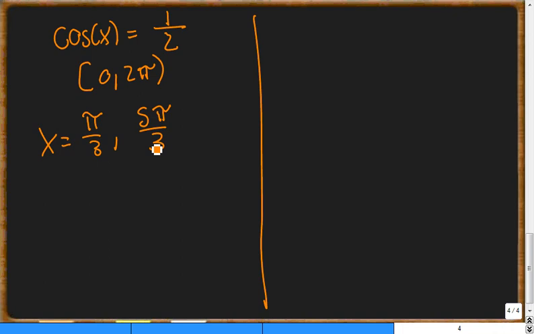Okay? Well, if you did the cosine of 2x equals 1/2, you would end up getting 2x equaling pi over 3 and 5 pi over 3.